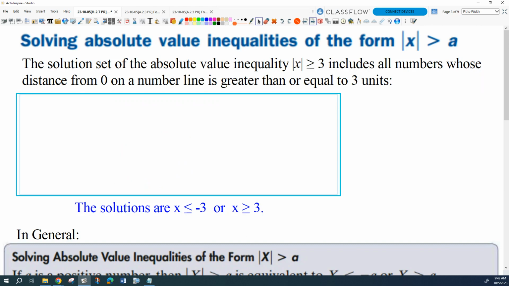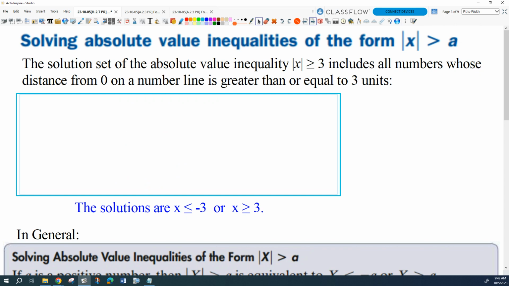Okay, let's look at the other type and then we'll look at some more examples. So what happens here if we've got an absolute value inequality such that the isolated absolute value is greater than a number? We'll take an example. What if we start with a simple one? The absolute value of x is greater than or equal to 3. Well, what's that solution set going to include?